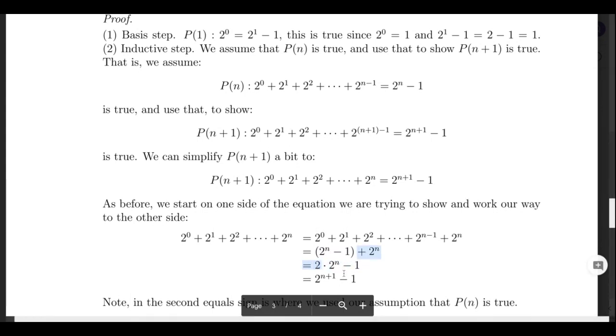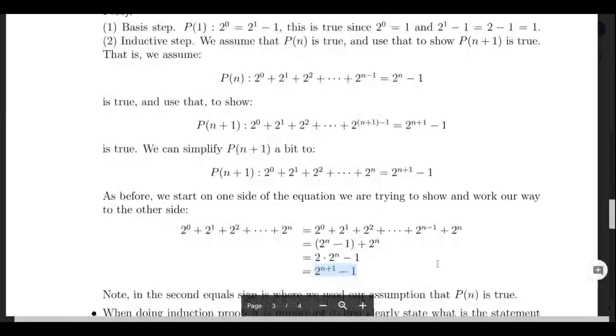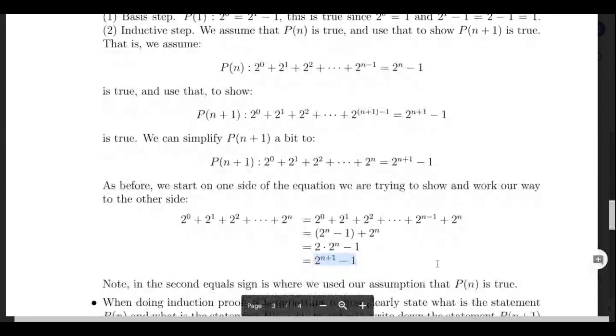So we have 2 raised to n plus 2 raised to n, that is 2 of 2 raised to n, minus 1. What's 2 times 2 raised to n? That can be combined in the exponents: that's 2 raised to n plus 1. So that equals 2 raised to n plus 1 minus 1. So we proved it's true for n plus 1.